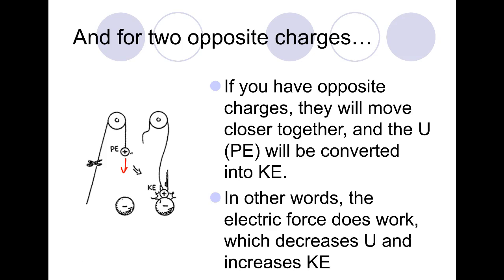If you think about this, the electric force is doing work because the force is this way and the displacement is also down. So positive work is done, which increases kinetic energy from the work-energy theorem, and we have a decrease of potential energy.